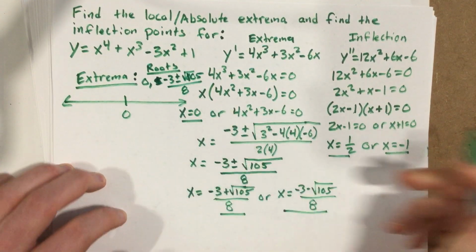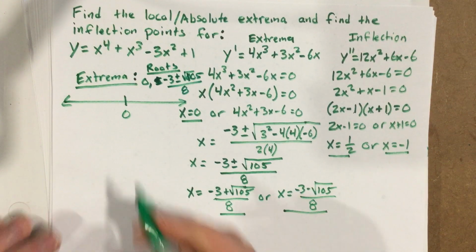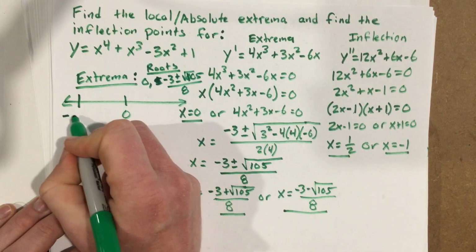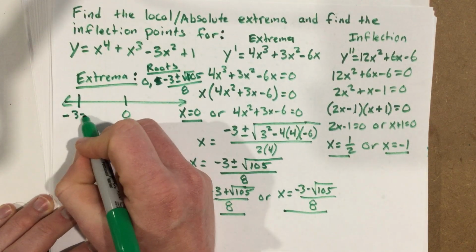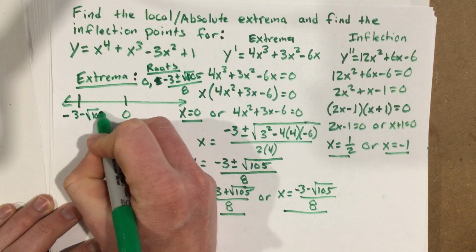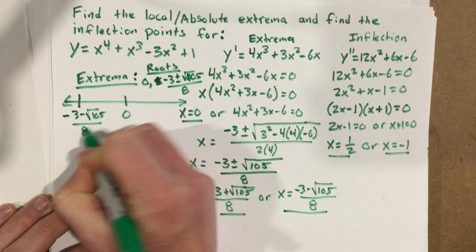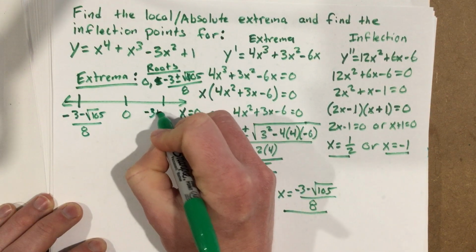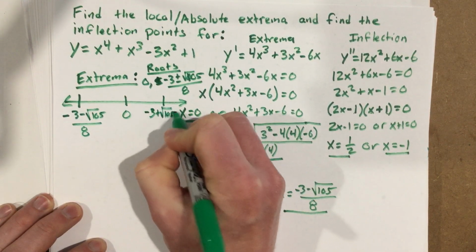So those are the different roots there. Okay. So I'm going to put 0 there. This is going to be a negative root, so I'm going to put negative 3 minus root 105 over 8 here. And over here I'm going to put negative 3 plus root 105 over 8.